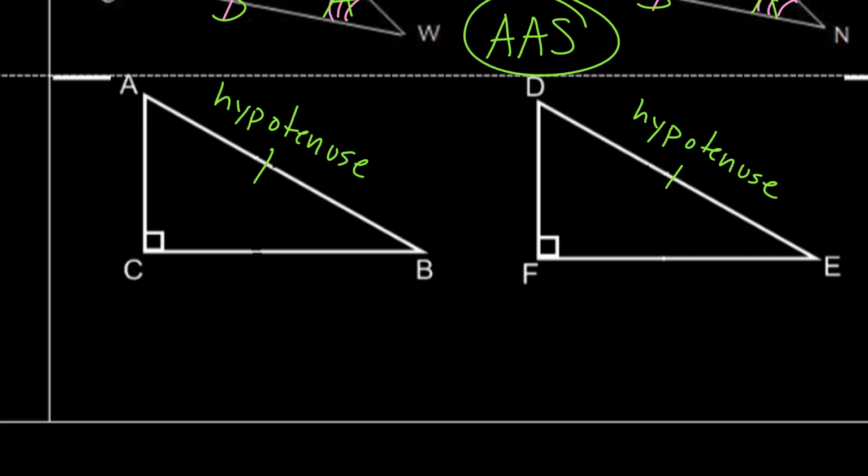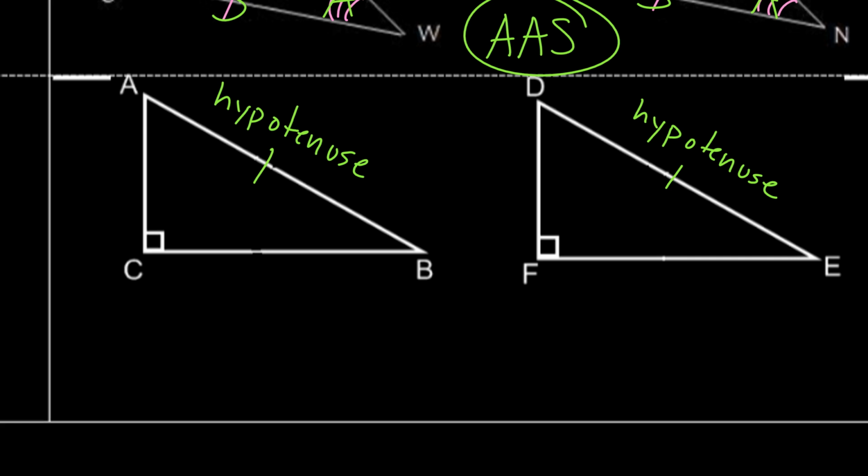Now, what is a leg? In math, what is a leg? Right. Anything besides the hypotenuse in a right triangle is a leg.